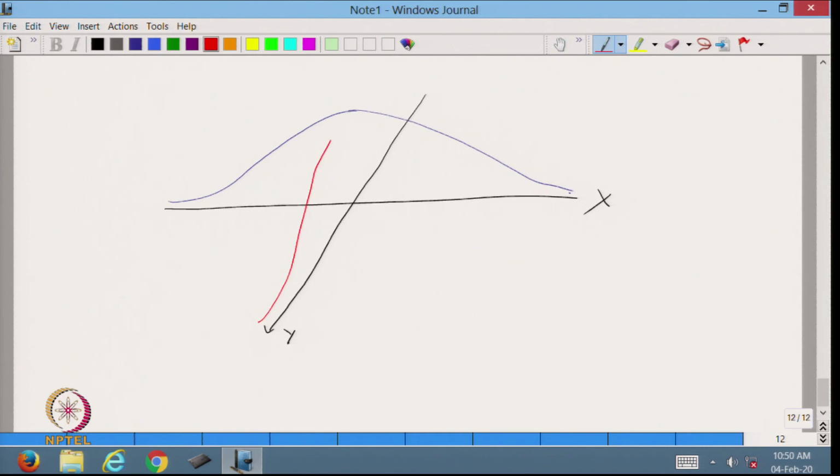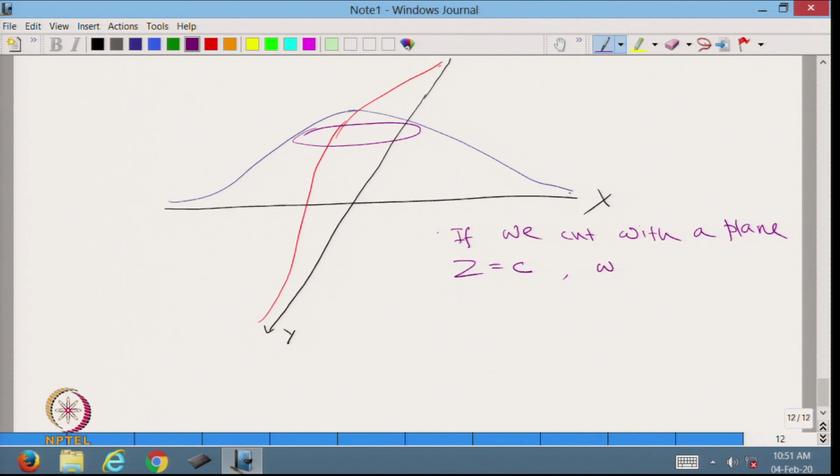For y, it will look like this, and when we cut with a plane z is equal to c, we will get an ellipse like shape like this.